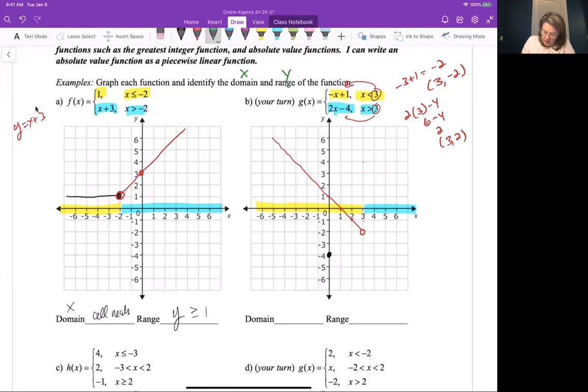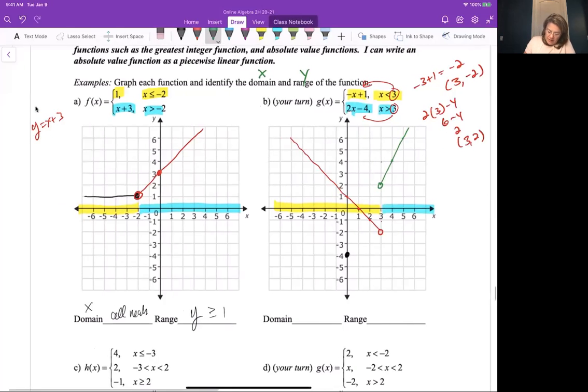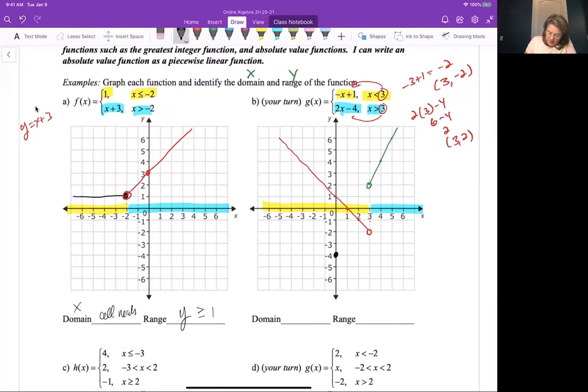We'll do this one in green. X is 3, y is 2. And then I have to decide, oh, it has to have an open circle because it's not an equality. And now I have a positive slope of 2, up 2 over 1, up 2 over 1, and I would draw something like that. And now I have to answer the question, what are all my domains and my ranges?